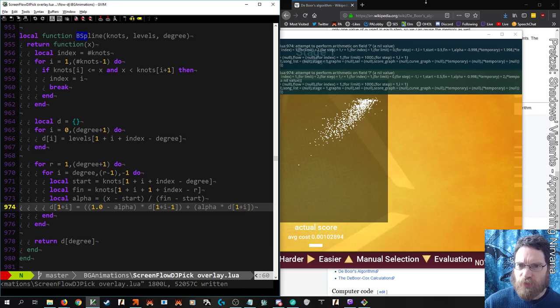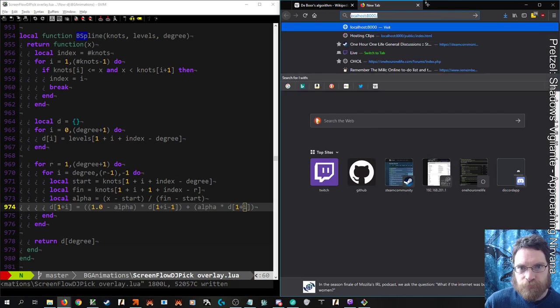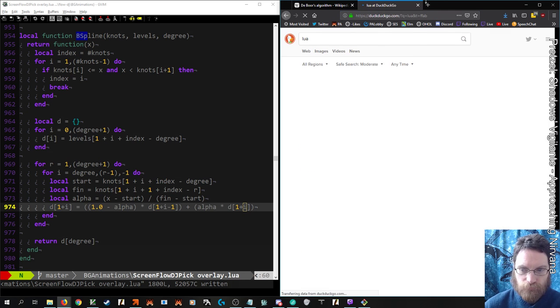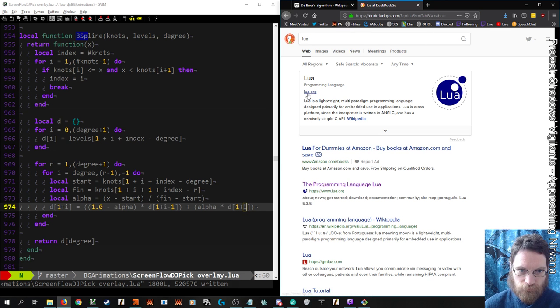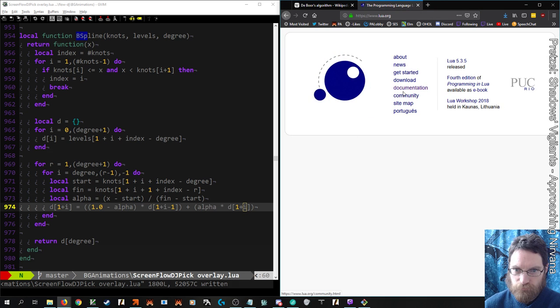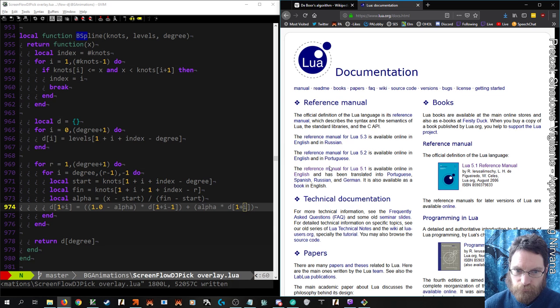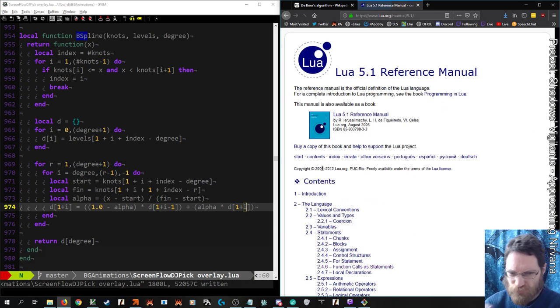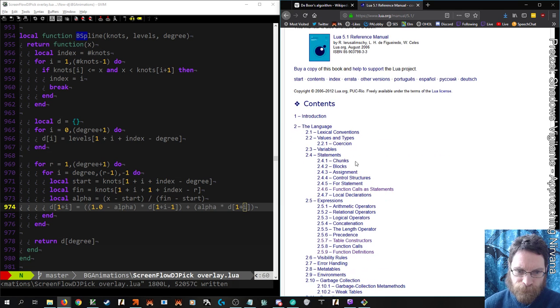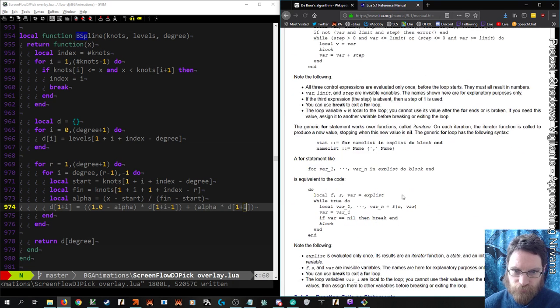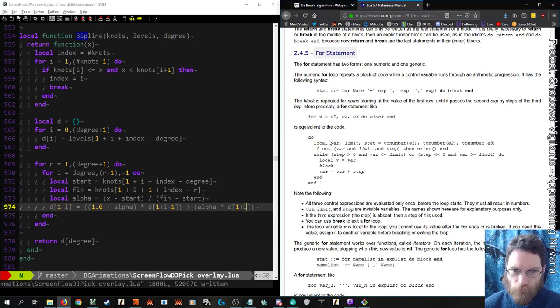I probably need to check out if that looping actually is doing what I think it's doing. I think this is 5.1-ish. Statements. For statement. Comma, comma, comma.